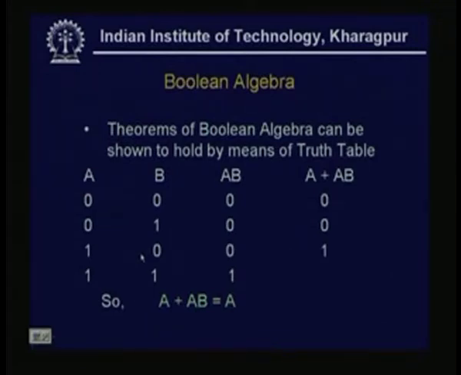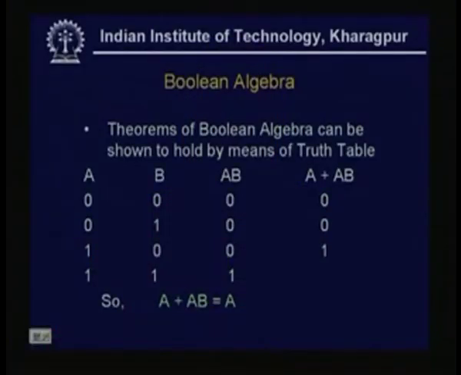Now, just as I mentioned, these Boolean algebra theorems can also be checked by truth table. Just now we have seen for one simple example that 1 plus b equal to 1 or a dot 1 equal to a.